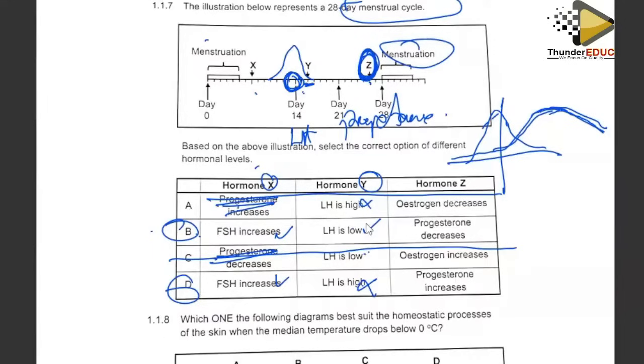When it degenerates, it produces less progesterone, so automatically this hormone is going to drop in level. So this Z, which is progesterone, must be decreasing. You see, it's giving us the perfect answer. Now B becomes the most correct answer. So the answer here is B.